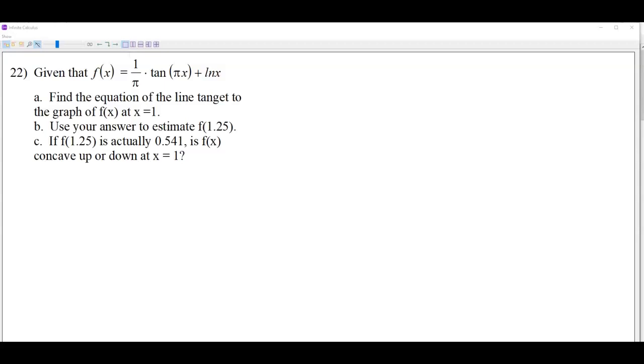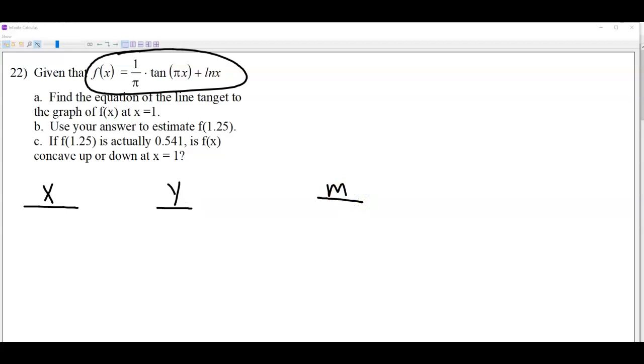All right, given that f of x is equal to this, find the equation of the line tangent to the graph of f of x at x equals 1. As you guys know, we need to find the value of x, we need to find the value of y, and then we need to find the slope. The x is given to us.